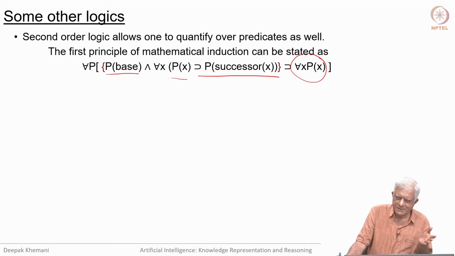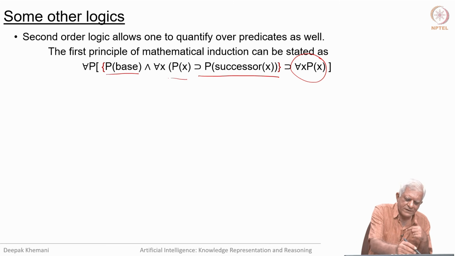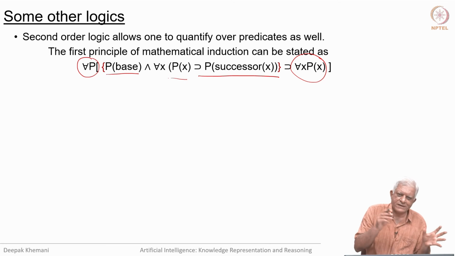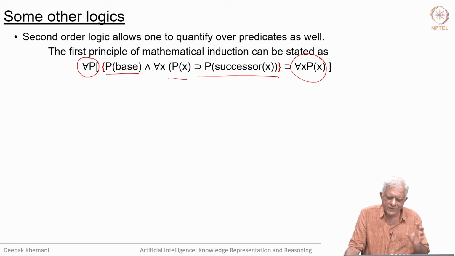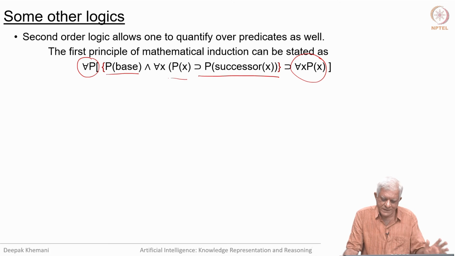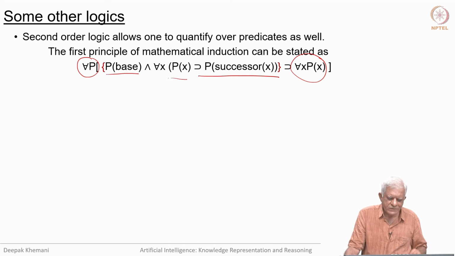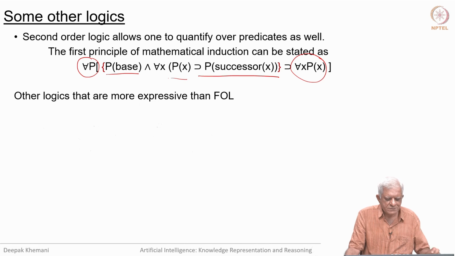This is the principle of mathematical induction. The only thing we are saying here is that for any predicate p, if you can show that the base is true and the induction clause is true, which means that p of x implies p of successor of x, then for all x p x is true. And you can see that this uses in some sense a higher order logic. We are saying for every predicate this is true.